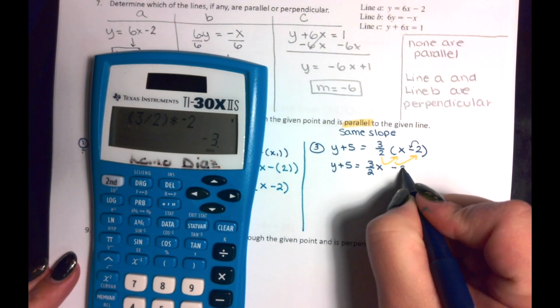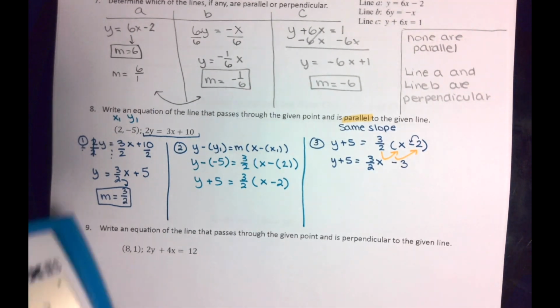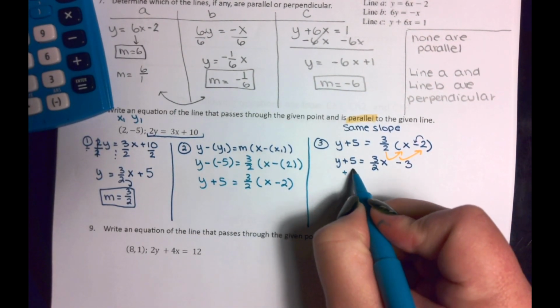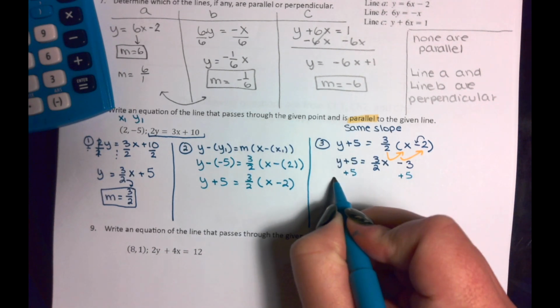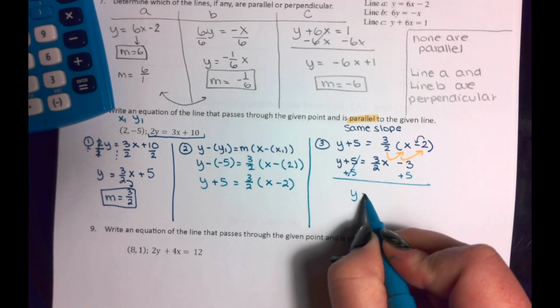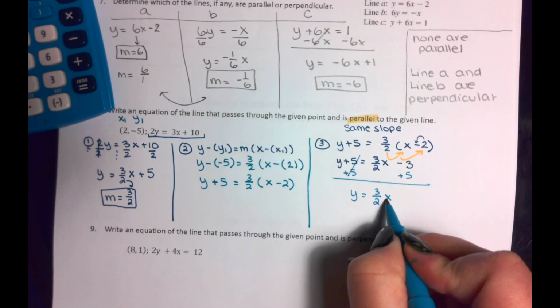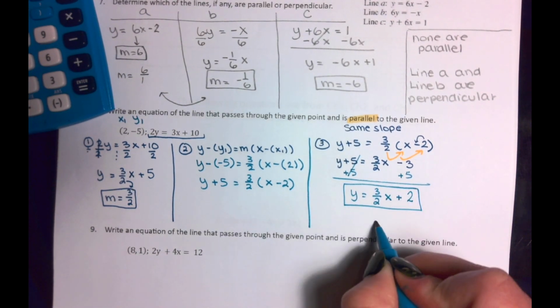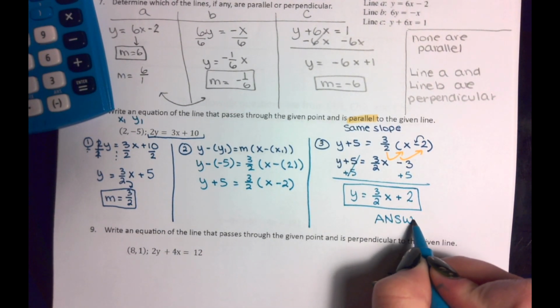And you get negative 3. So sometimes, even though it's a fraction, it gives you pretty numbers. One last step, we're going to add 5 to both sides. So y is equal to 3/2 x plus 2. And this right here is your answer.